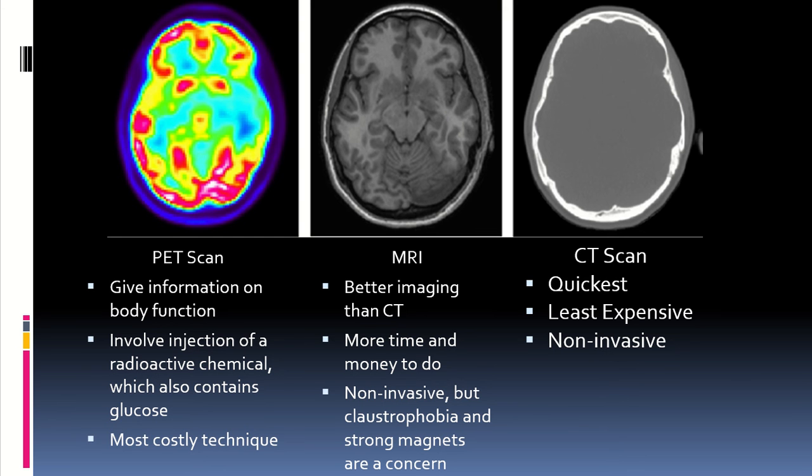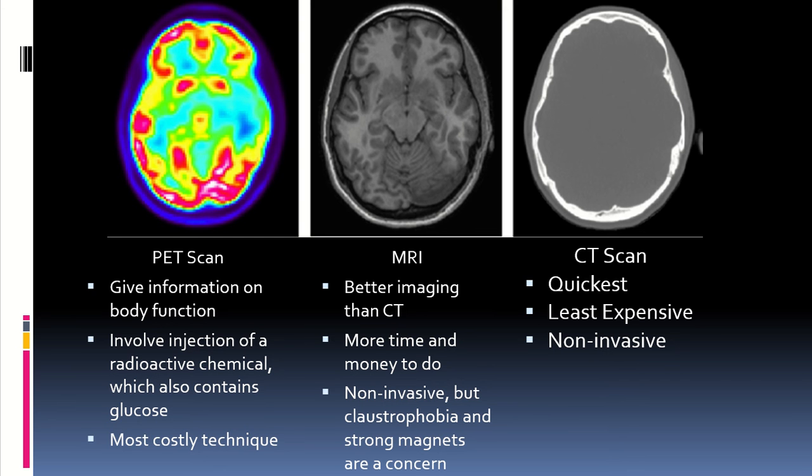MRI is much better at giving structural information. It gives a much better picture of the structural layout than a CT scan will do. But it also requires more time and money to do.